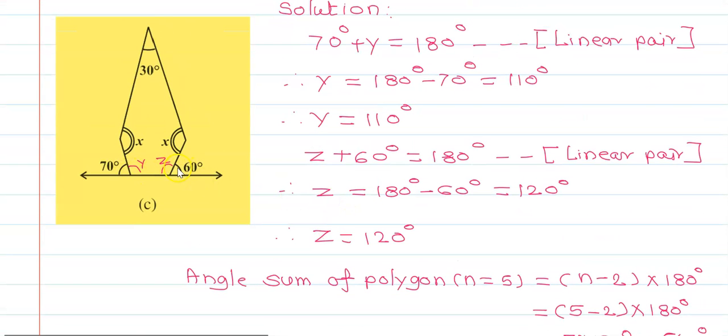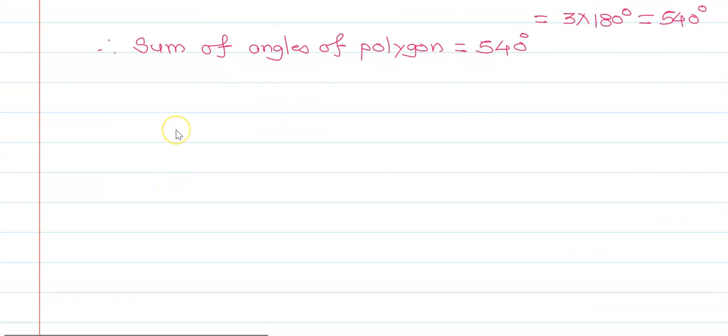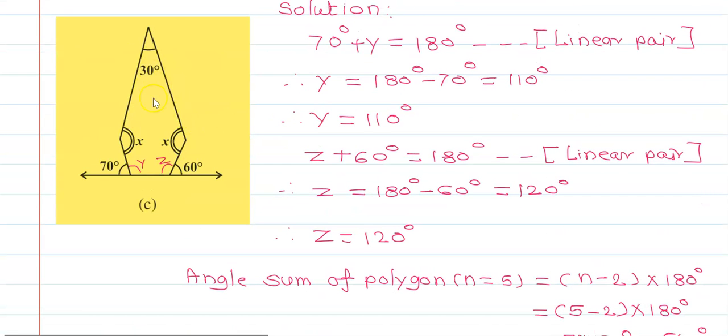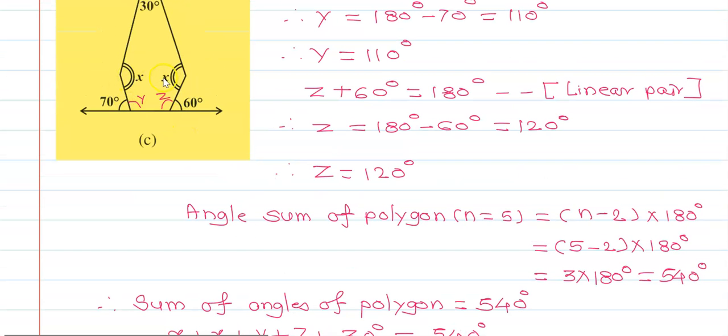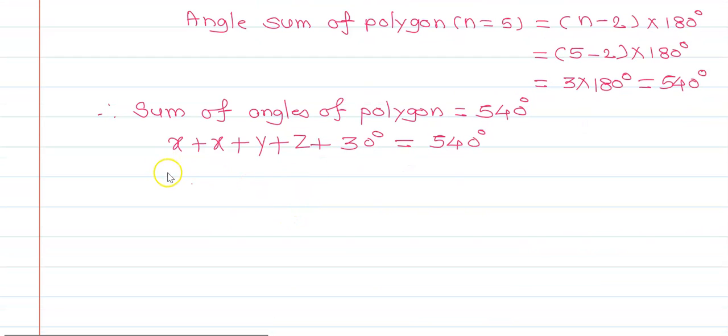Now, from this figure, we'll write here x is 2 times x plus x, y plus z, and the last is a plus 30 degree, and that is equals to 540. Okay, it is here x plus x plus y plus z plus 30 is equals to 540.